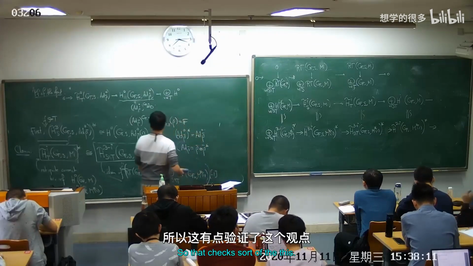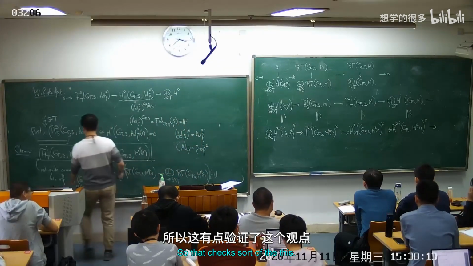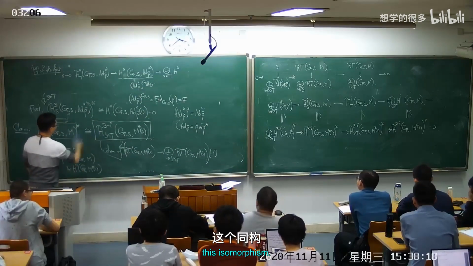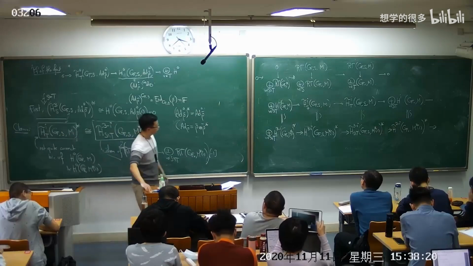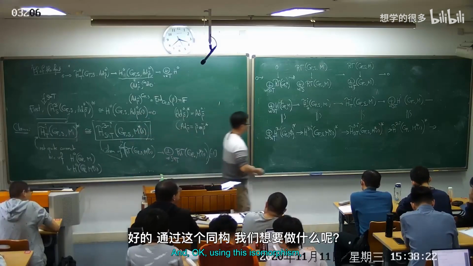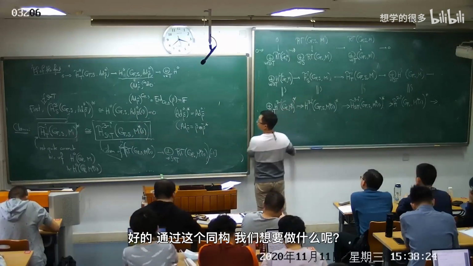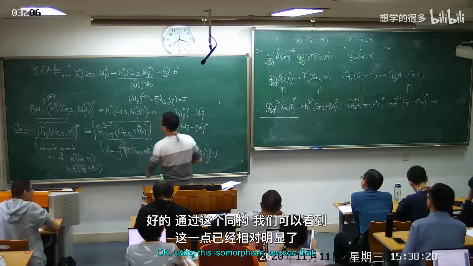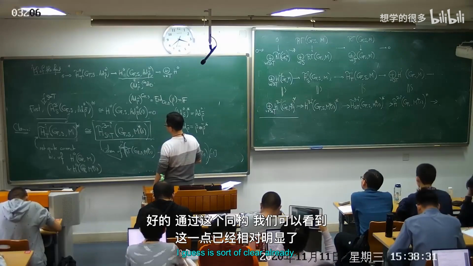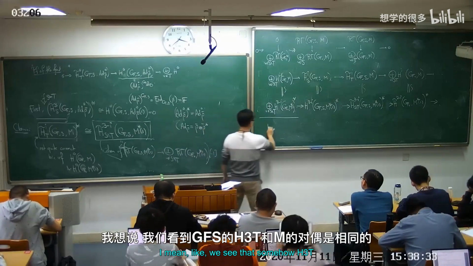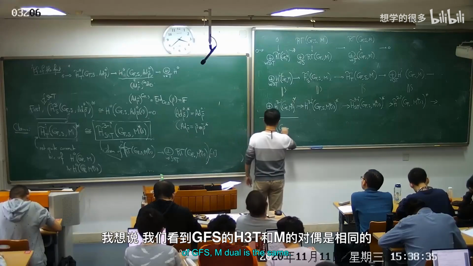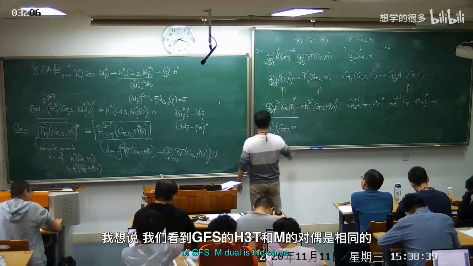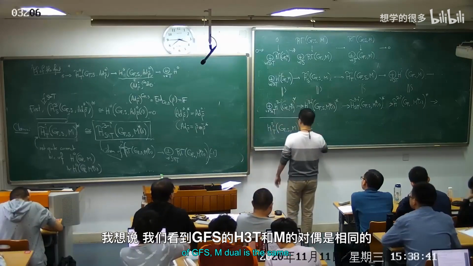Okay. So that checks this isomorphism. And using this isomorphism, we see that it's sort of clear already. I mean, we see that H^3_T of G_{F,S} M dual is the same.